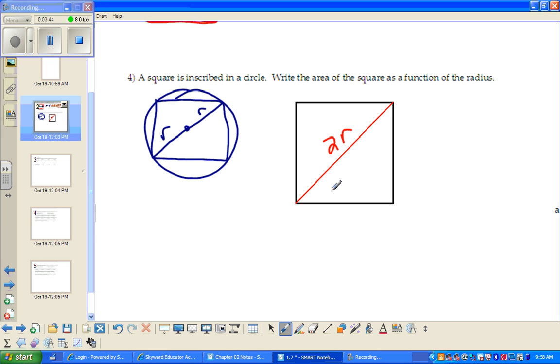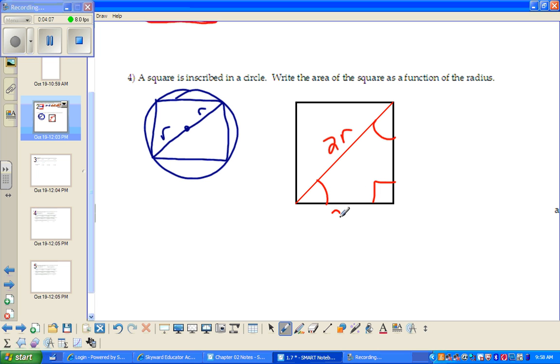Well, there's a couple ways you could solve this. You could use Pythagorean theorem, or if you remember, the diagonal would form a 45, 45, 90 triangle, and the hypotenuse of a 45, 45, 90 triangle is root 2 times as big as the legs.